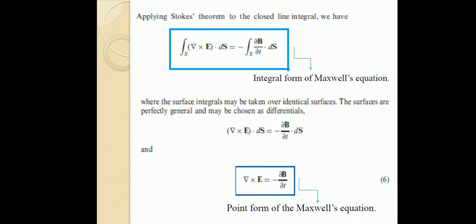So the line integral of E dot dl equals the surface integral of del cross E dS, which equals minus the surface integral of partial B by partial t dot dS. Both sides are surface integrals, so we can write del cross E equal to minus partial B by partial t. This is the point form of Maxwell's equation, and that is Maxwell's third equation.